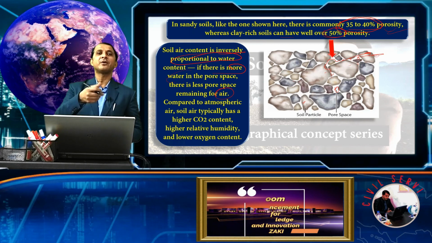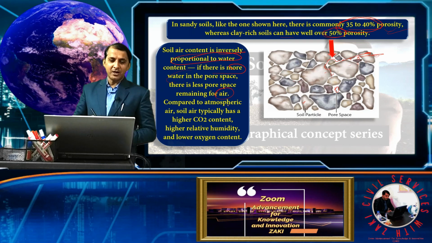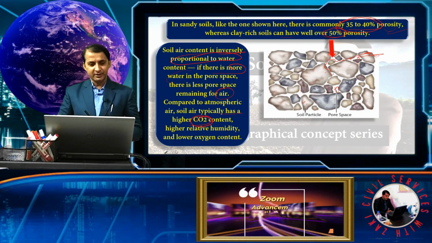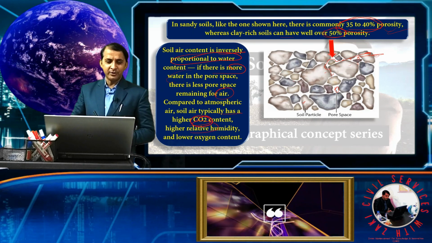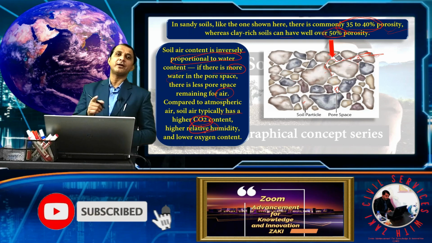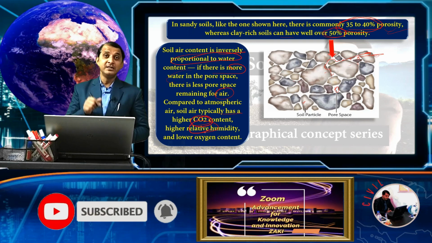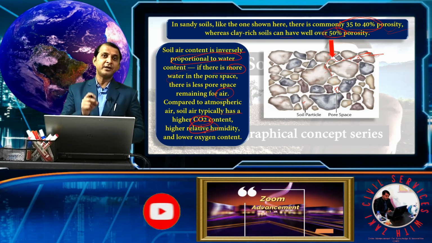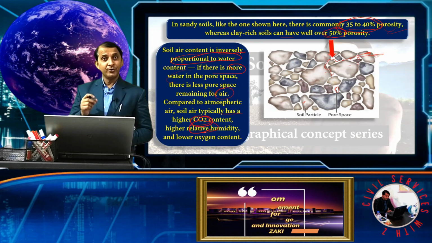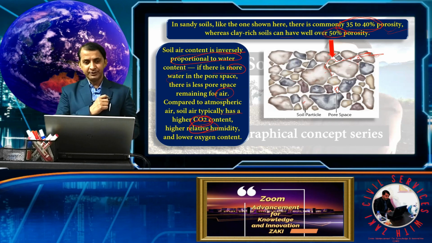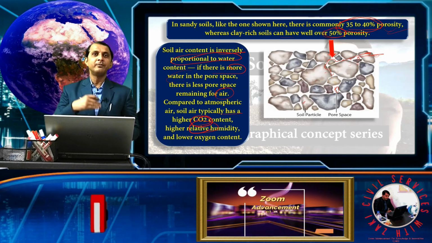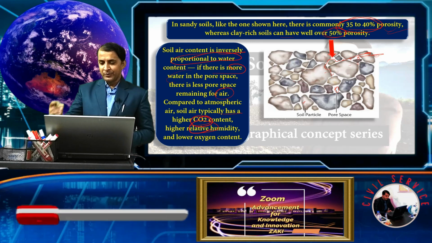It is very different, because it typically has a higher carbon dioxide content, a higher relative humidity, and lower oxygen. As you know, atmospheric air contains more oxygen, but soil air contains less oxygen and more carbon dioxide and relative humidity. That's why it is very different from our atmospheric air.